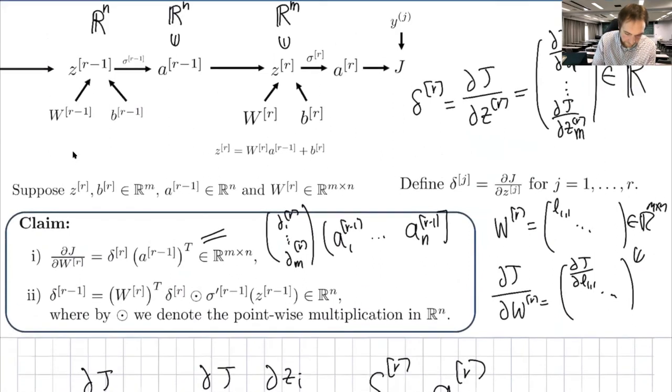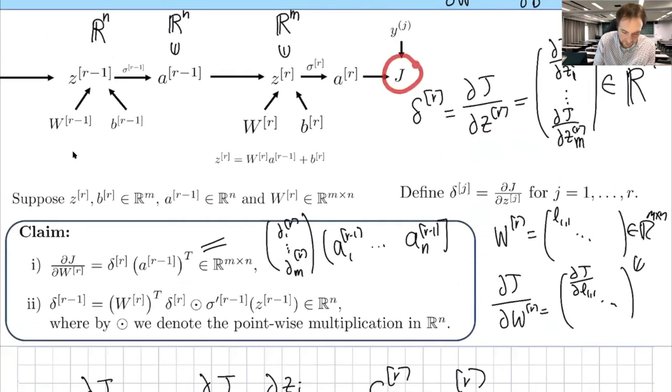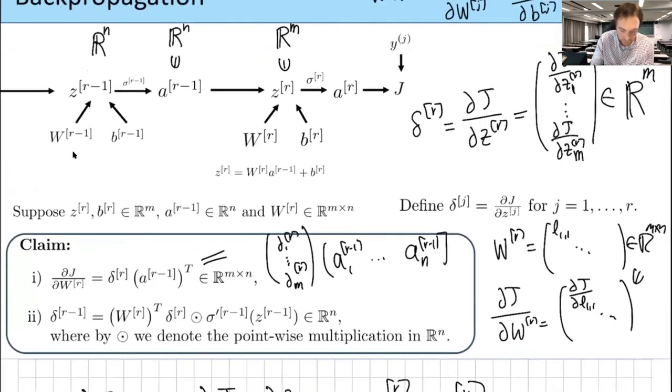So again, the derivative of this with respect to this, which is a matrix, is given by multiplying the matrix which comes from here, so this delta, times the transpose of this thing here. And with the same argument, you can show that this is also true with respect to this here.